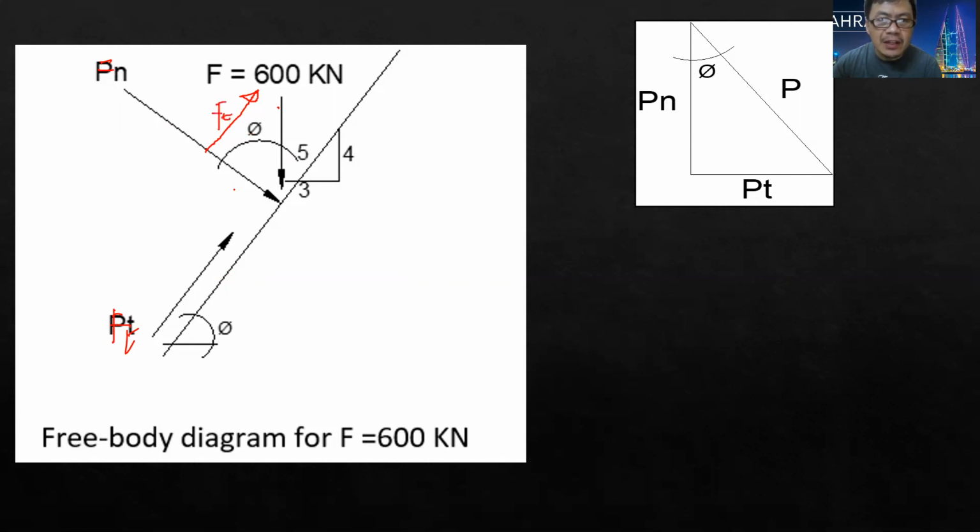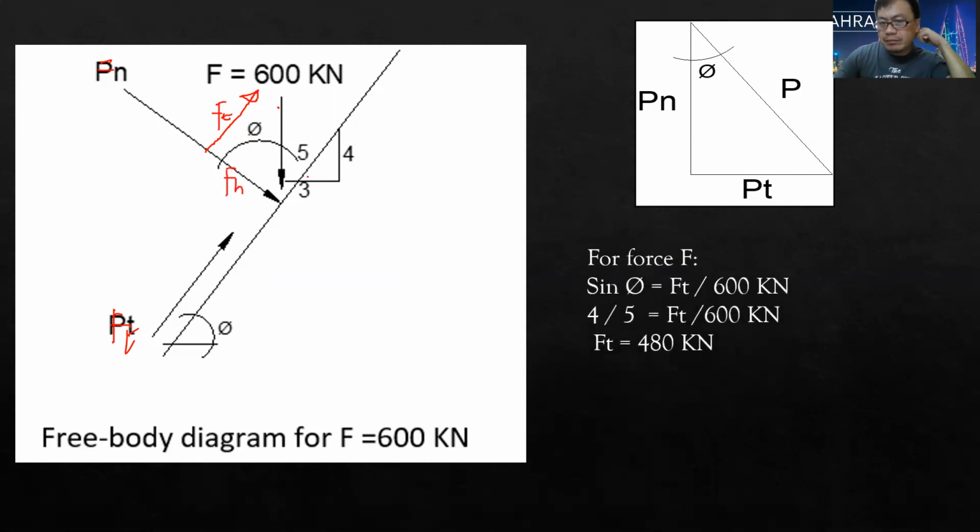From this angle, the opposite of theta is Ft. This is F. The adjacent of theta is Fn. So this is Fn. But here we can already compute.